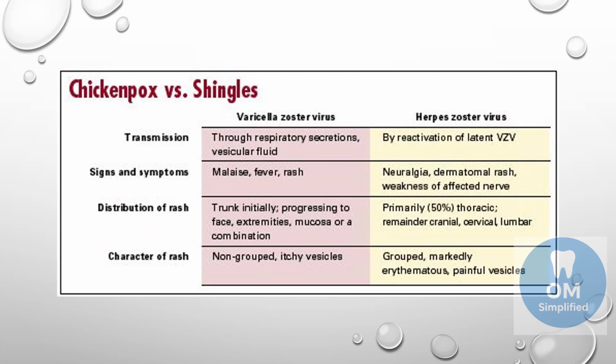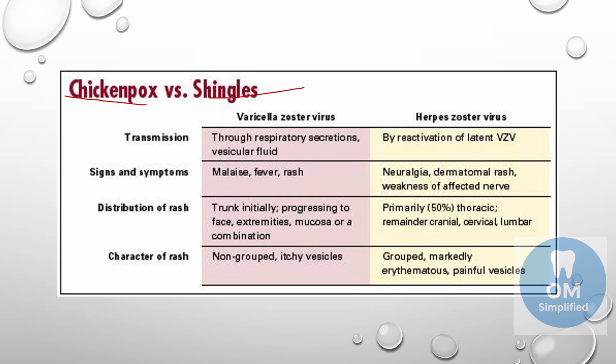Then let us discuss the varicella zoster viruses or the herpes zoster viruses that can cause chickenpox or shingles. So chickenpox is the primary infection, whereas shingles is the secondary infection.